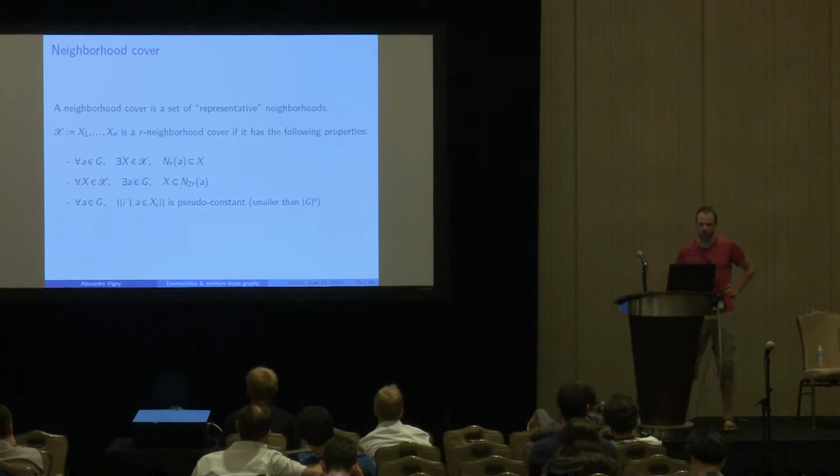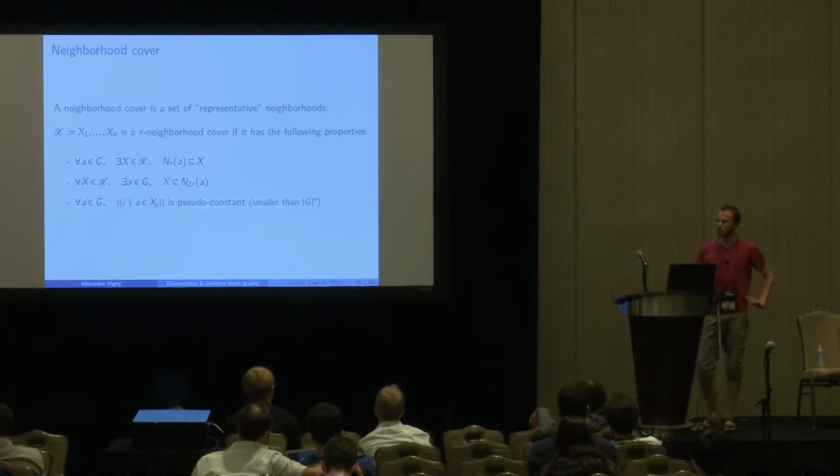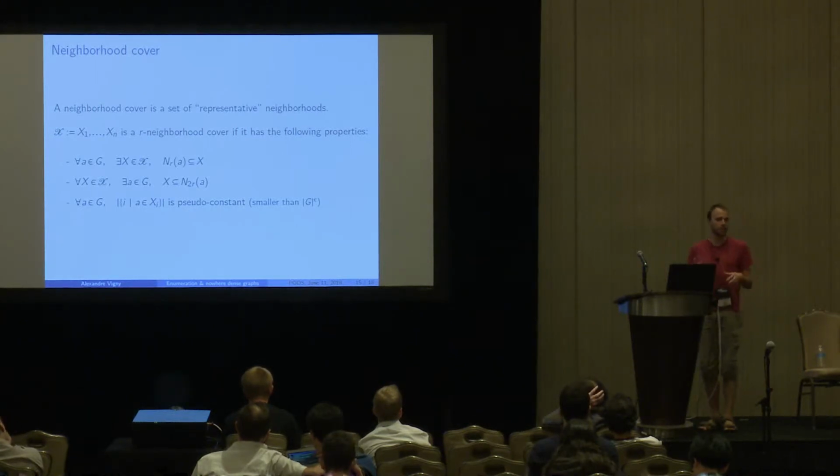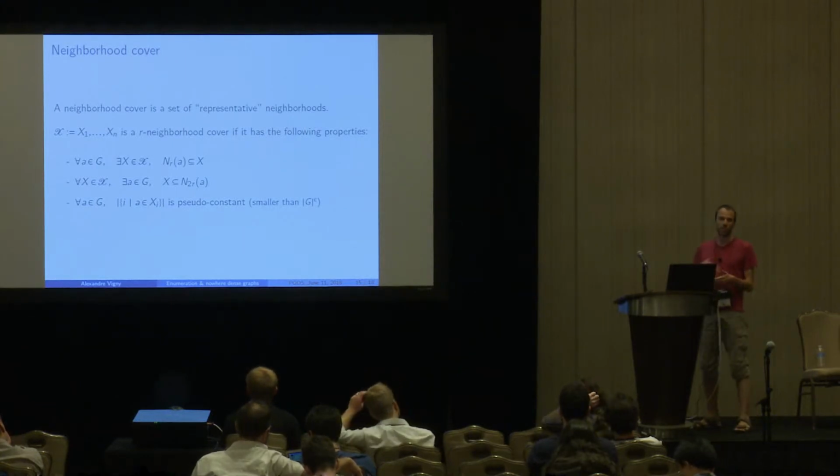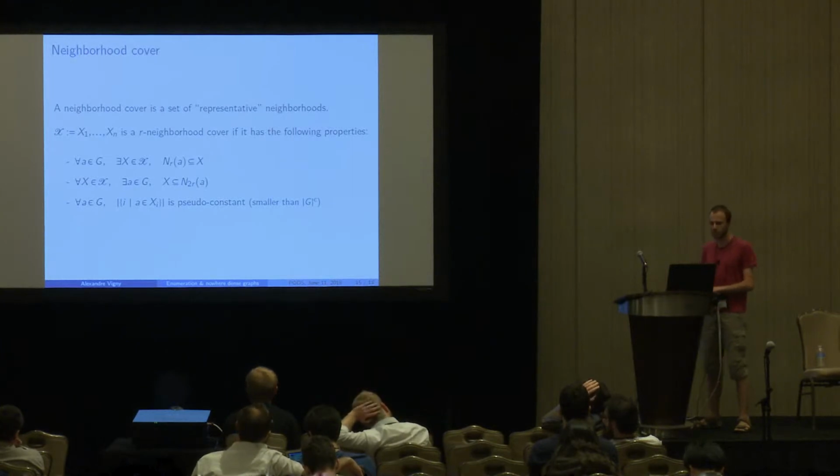So briefly, what is a neighborhood cover? We want to talk about neighborhoods because first-order queries are local in some sense. But we cannot study every possible neighborhood because a neighborhood might have a linear size and there's a linear number of nodes. So the sum of the size of each neighborhood is quadratic, and we want linear or pseudo-linear.